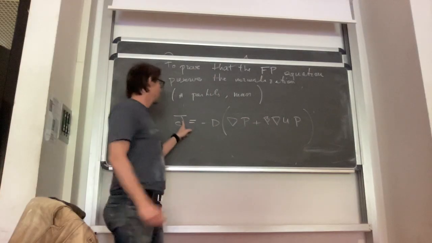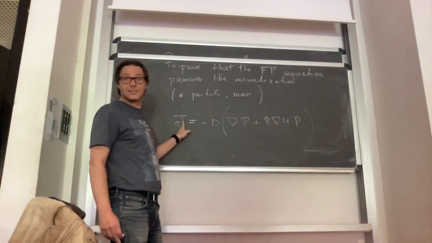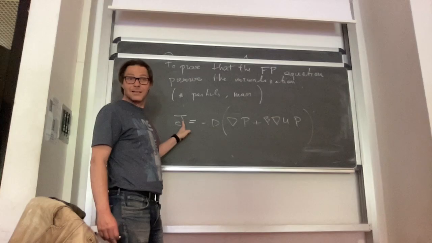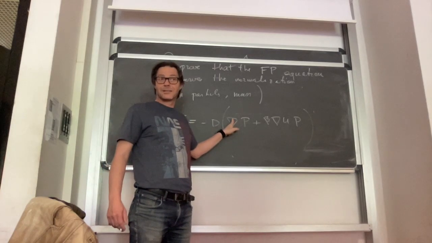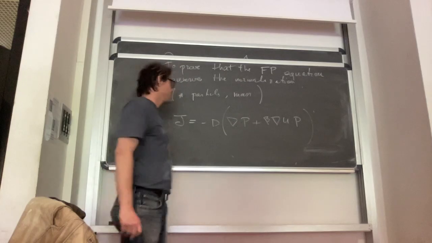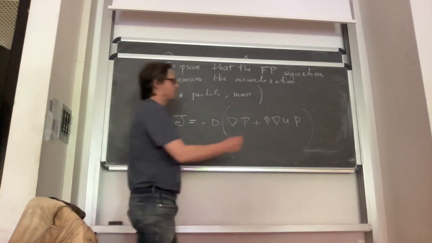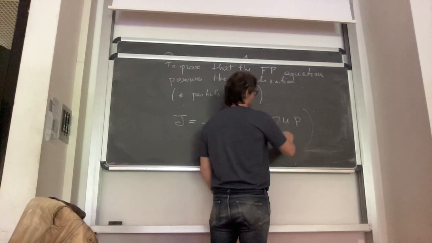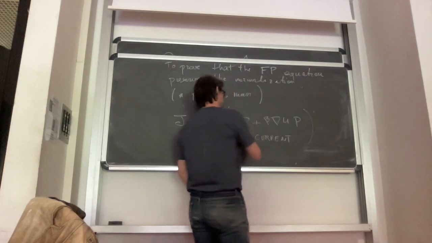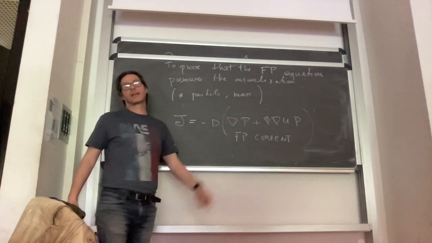So this is a 3-dimensional vector, right? Because the gradient has 3 components. Yes? So it's a vector, we call it a current. It's a probability current, Fokker-Planck current. Why probability? Because it's built out of a probability.